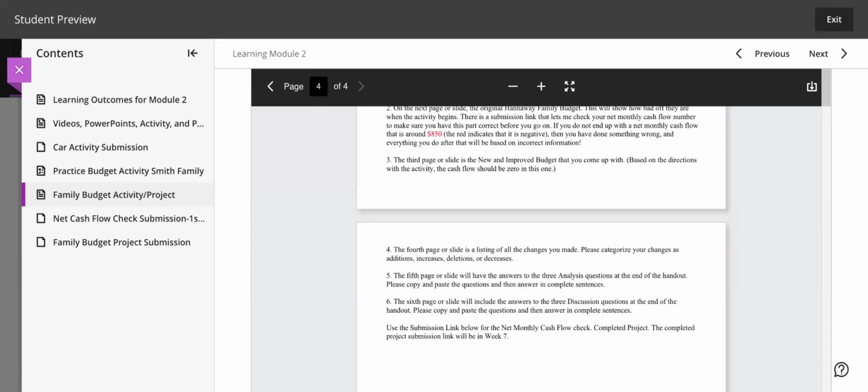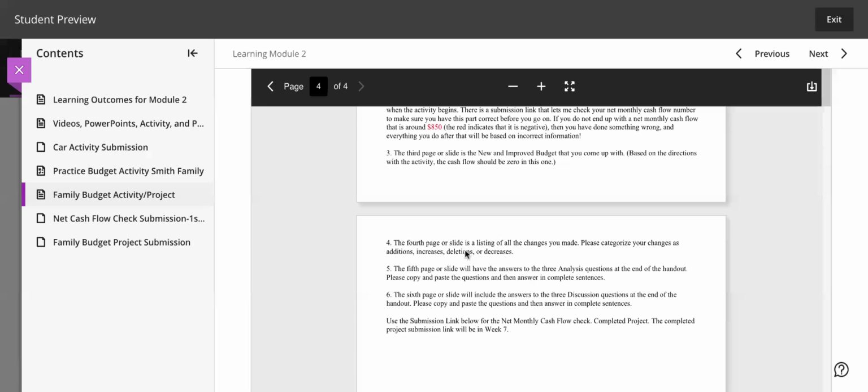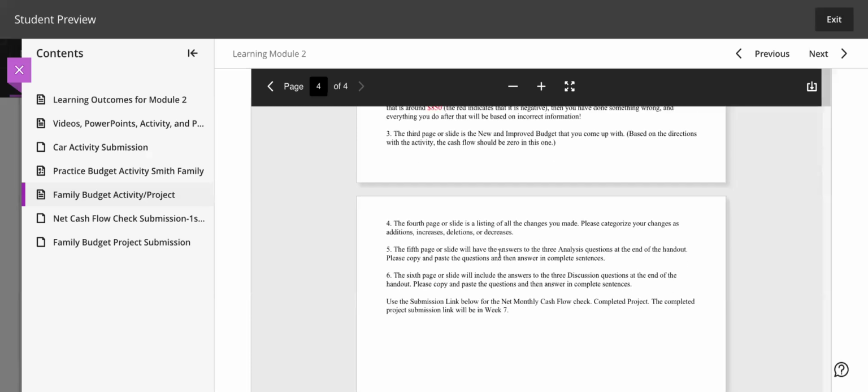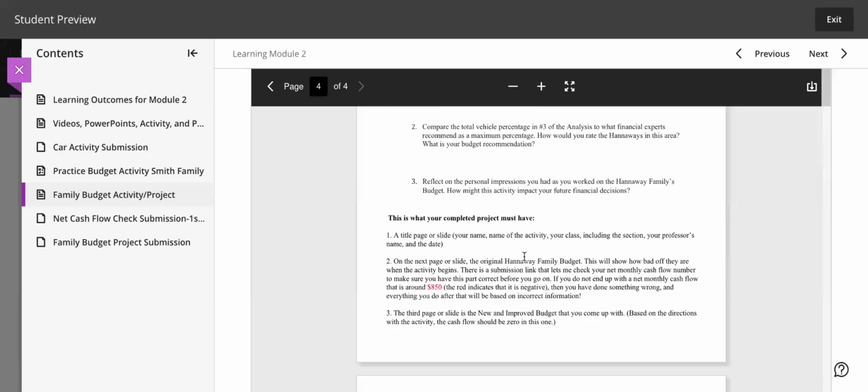So under deletions, you would say, I am deleting their 100 and whatever from eating out and bringing that down to 0. You're describing what you're doing in each one of those sections. This is important. You don't want to leave that out because it's part of explaining what you did on the budget.